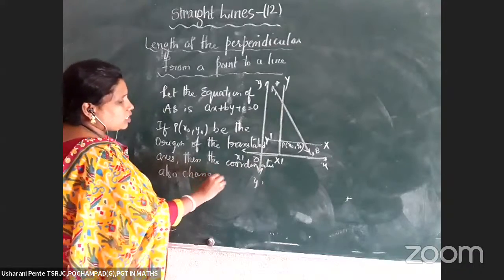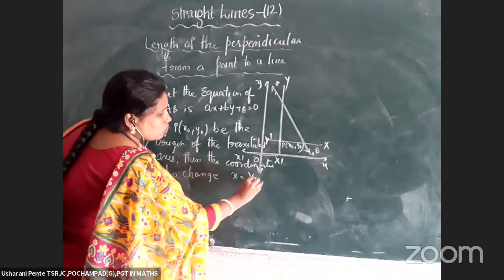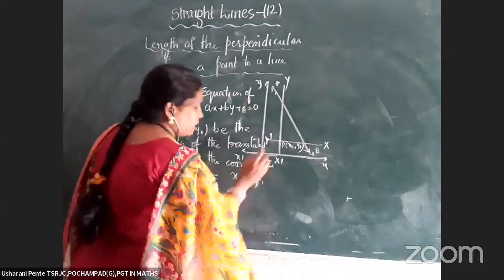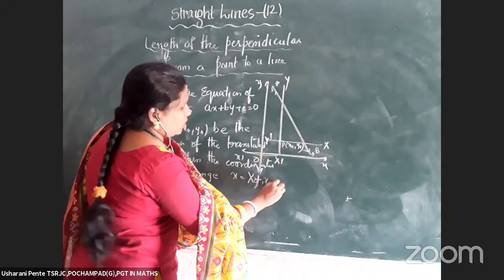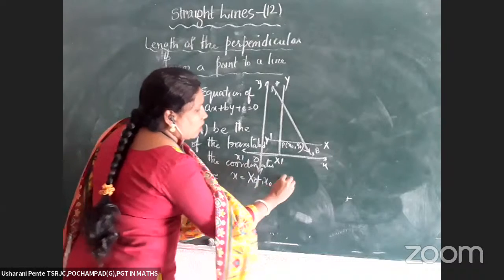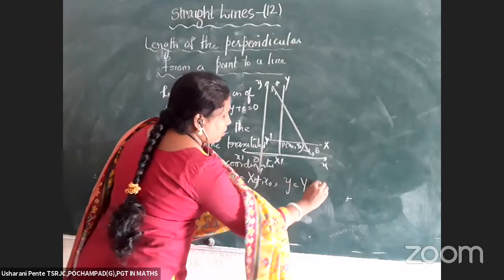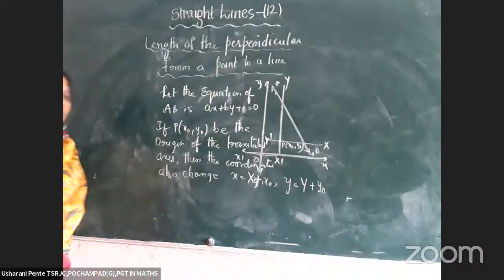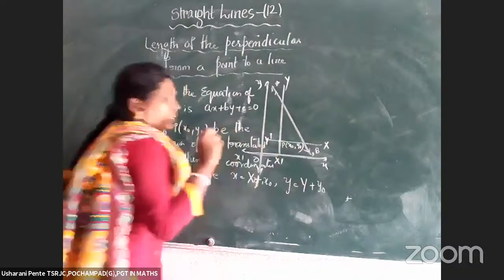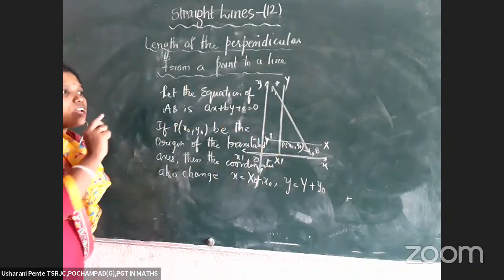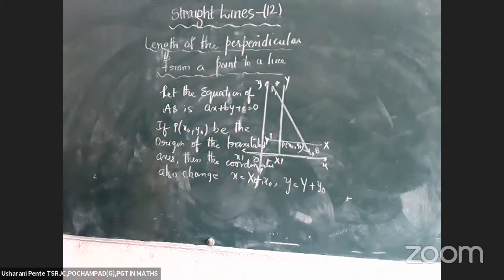And how will the coordinates be? Small x is equal to capital X plus x0, and small y is equal to capital Y plus y0, where x0 and y0 are the origin with respect to the new axis.